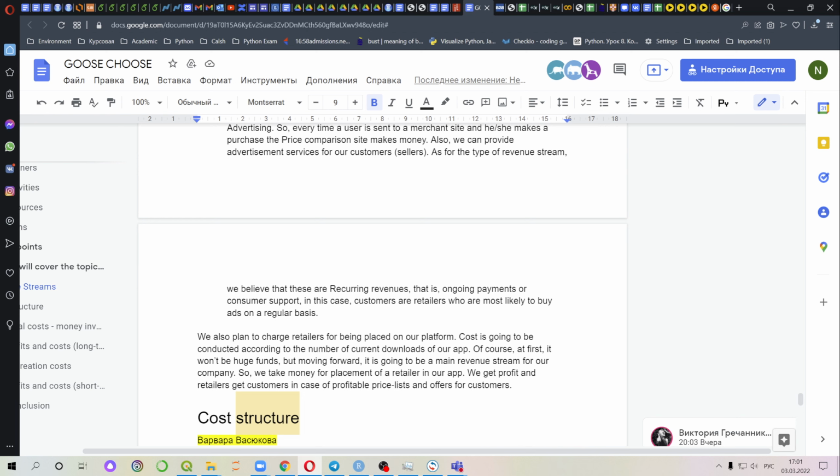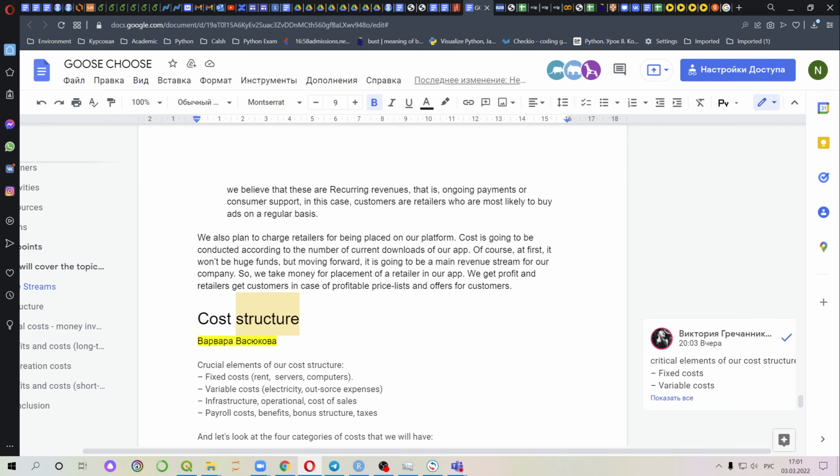In this case, customers are retailers who are most likely to buy ads on a regular basis. We also plan to charge retailers for being placed on our platform. So it's an additional revenue stream.